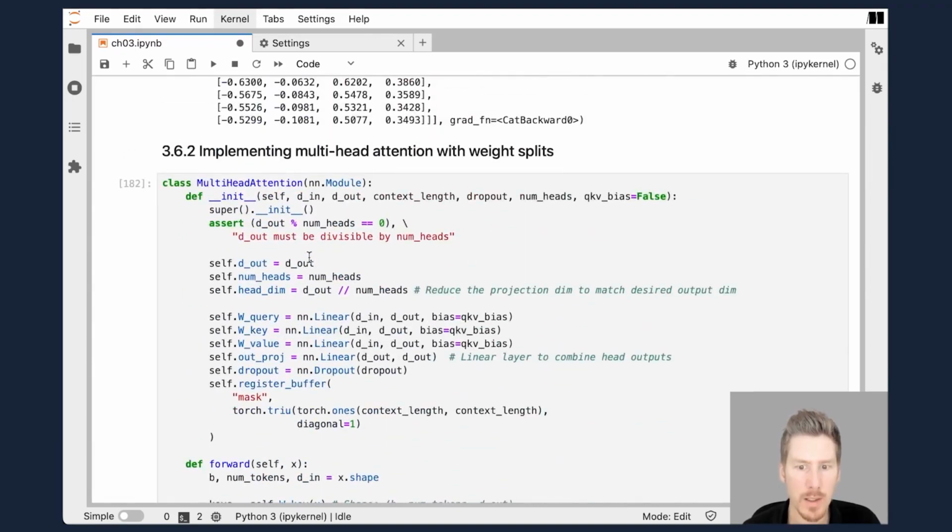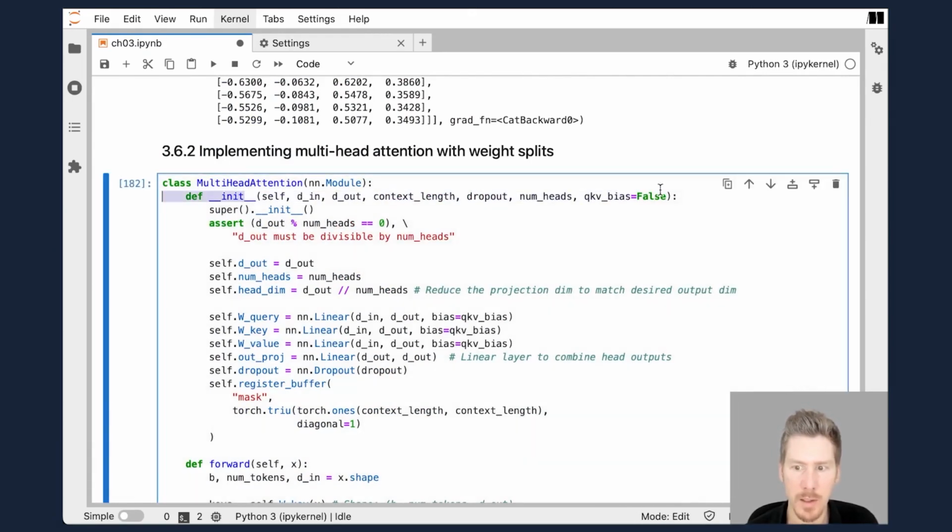So what is happening here? Let me go through this step by step. We are still initializing the same variables as before, and then we have this assertion here. We are saying the output dimension has to be divisible by the number of heads.